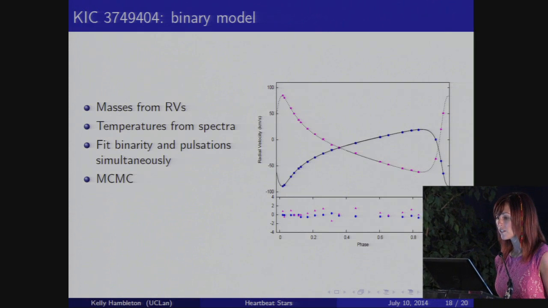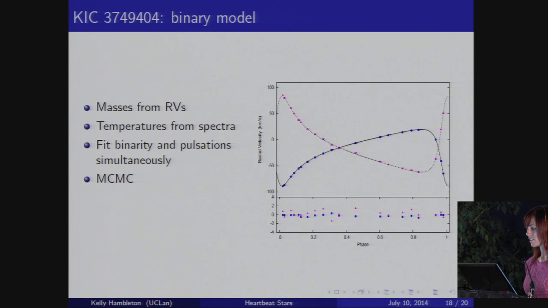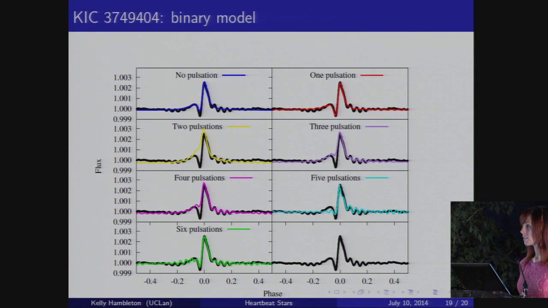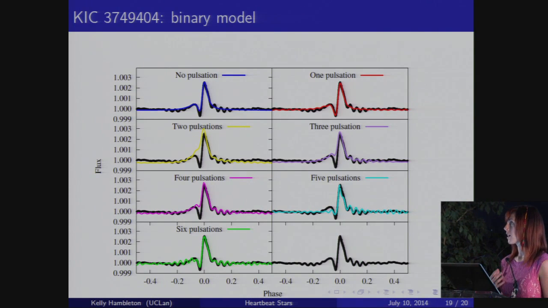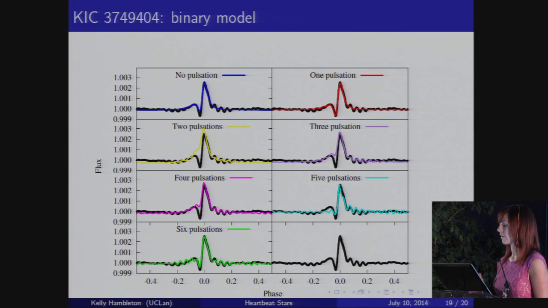So this is the radial velocity curve for this object. As you can see, it's a nice double-line spectroscopic binary. And again, what we did was we started to fit the pulsations and the binary characteristics and the radial velocities all simultaneously. We did this by adding 1 pulsation at a time to see how this affects the light curve. So we haven't quite finished; we still have some way to go.